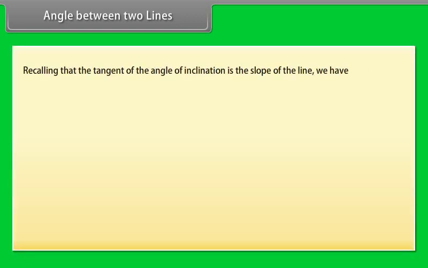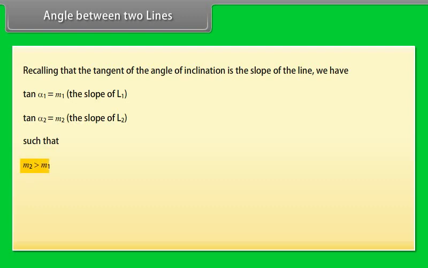Recalling that the tangent of the angle of inclination is the slope of the line, we have tan alpha 1 is equal to m1, that is the slope of L1. Tan alpha 2 is equal to m2, that is the slope of L2, such that m2 is greater than m1.